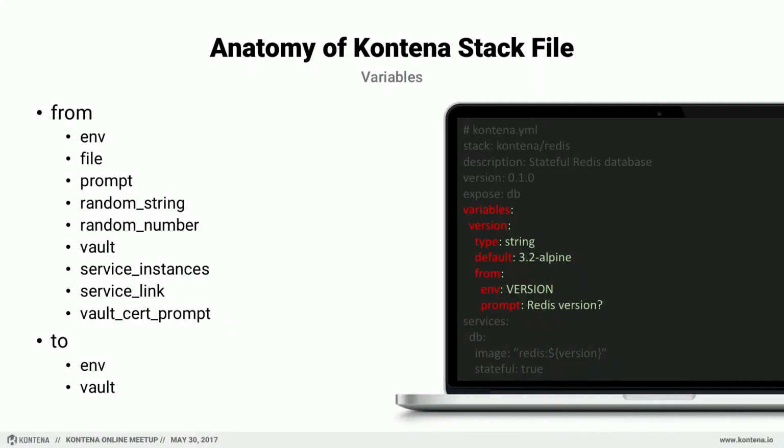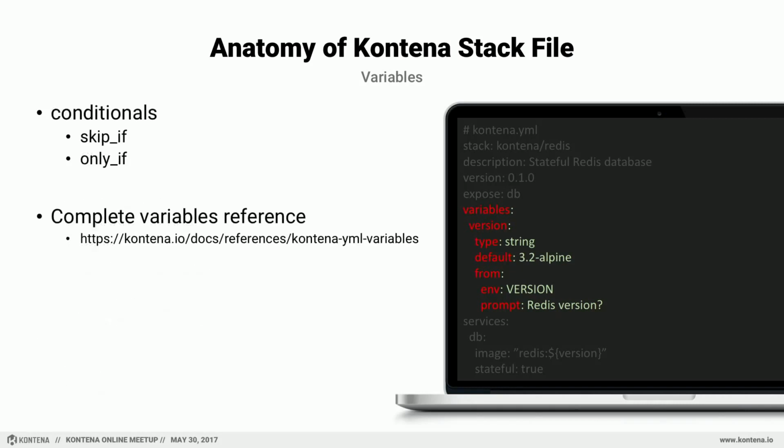By default, the value will be stored to the variable itself, but you can store it to a local environment variable, or you can store it in the container vault as well. And then you can also define some conditionals in a stack file.